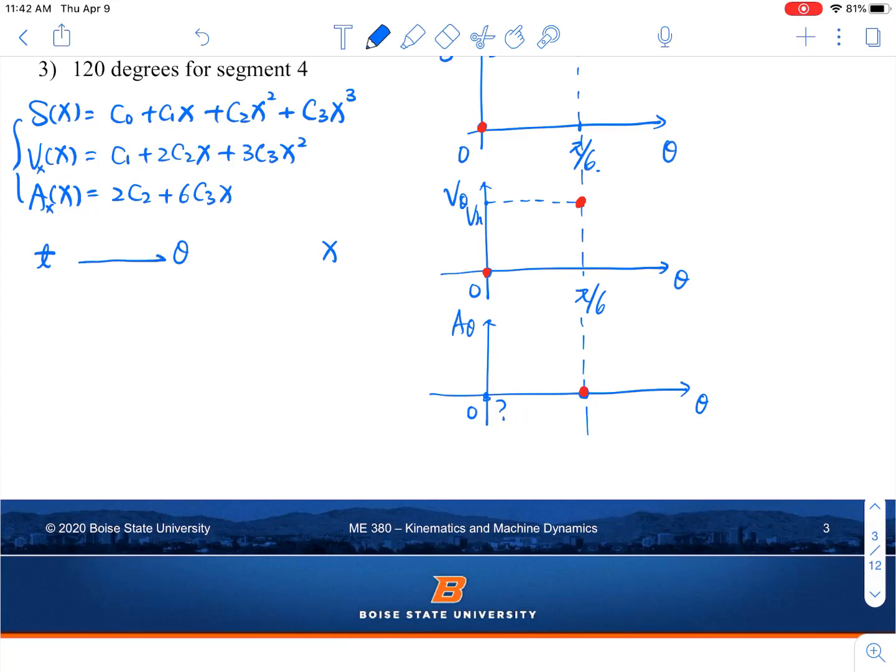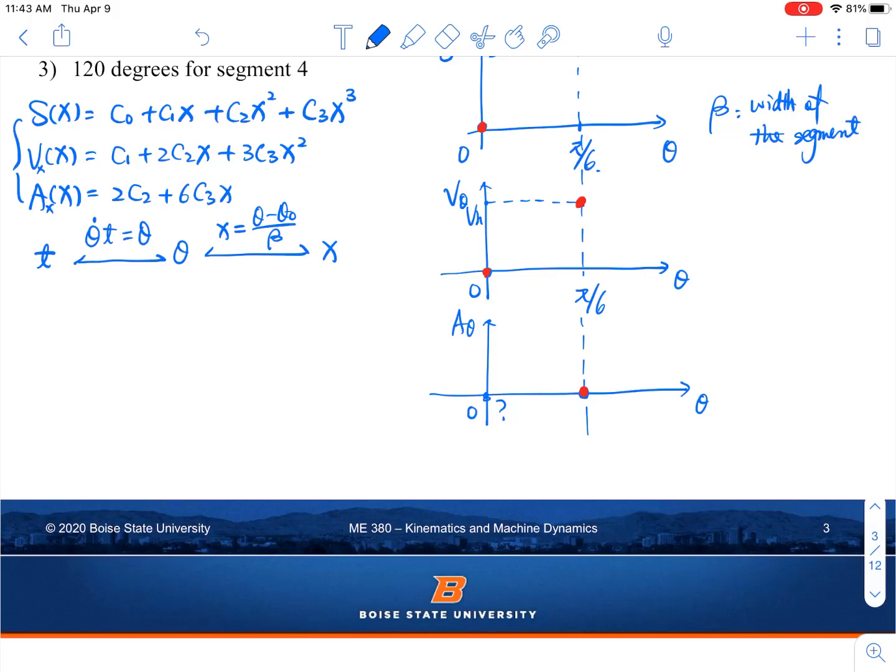So the equation between t and theta is you have theta dot times t equal to theta, right? Because we assume there is a constant velocity of theta dot. And then between theta and x, you can go back to the CEP, and then your x equals theta minus theta naught over beta. And then your beta is the width of the segment.